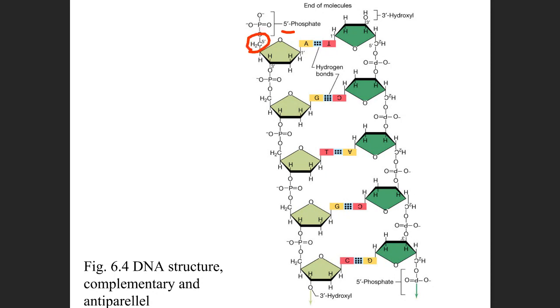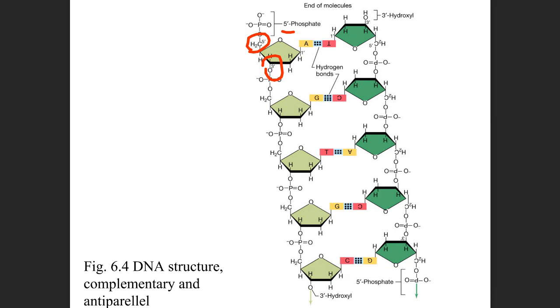That's the 5, and that's the 3, because it's 1, 2, 3, 4, and 5, and that's an oxygen, right? Okay, so the 3 and the 5 are referring to the carbon position. And the 5' is always the phosphate. The phosphate is on the 5', and the hydroxyl group is on the 3'.